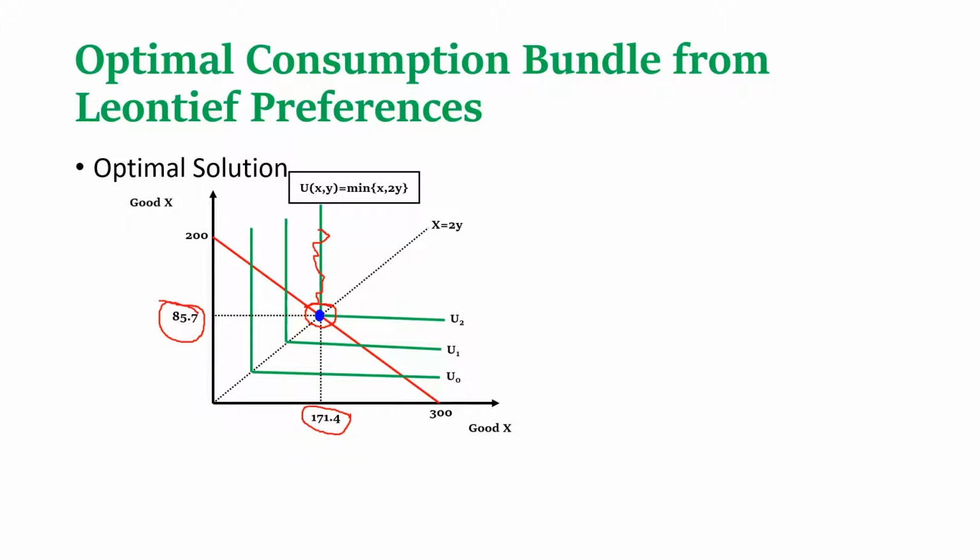It does not increase its utility. Its utility will only be increased if it gets an increased amount of y as well as an increased amount of x, and it has to be in the same quantity. If it gets the same increase in y as well as x, then the consumer is going to maximize its utility.